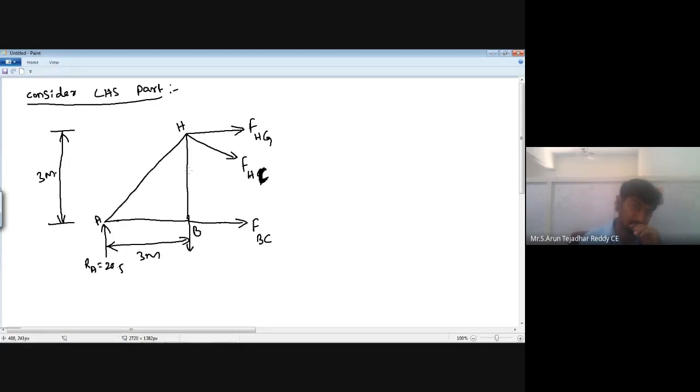So this is your LHS part diagram: FHG, FHC, FBC. Now in this diagram, apply equilibrium equations, then we'll get these three unknowns.